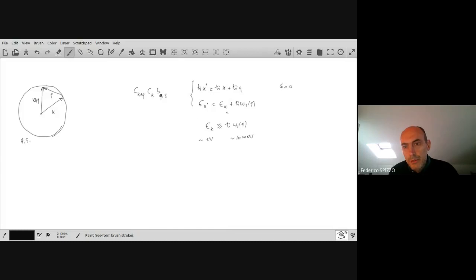So if the energy of the electron has just a slight change, then also the modulus of k and k plus q have to be nearly equal.